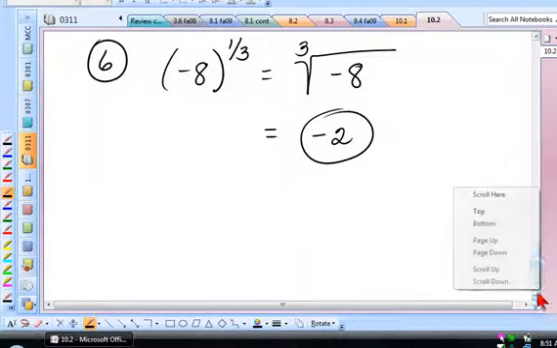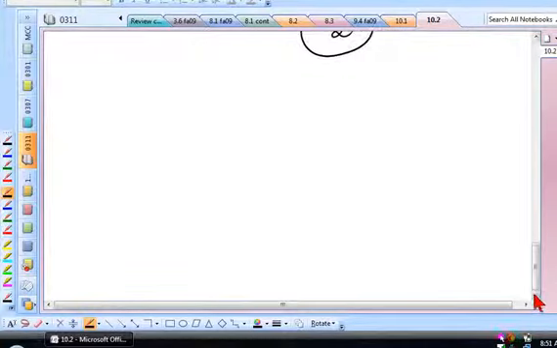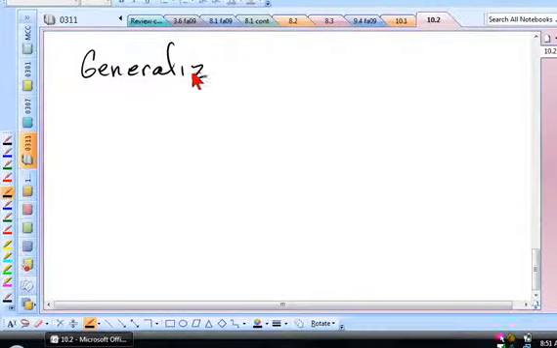Now, before I get to number 7, I want to make a general statement, or I'm going to say generalize. Suppose I have x, which just stands for any base, and I raise it to, and I'm going to pick some letters, a over b.